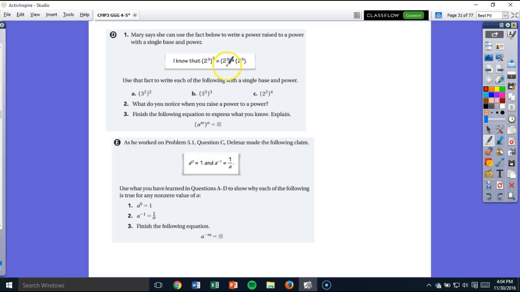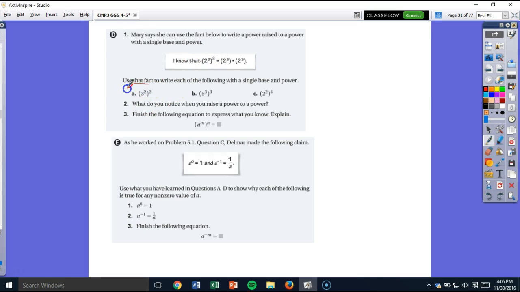Remember, if we expanded it, it'd be 2 times 2 times 2 times 2 times 2 times 2, or 2 to the 6th power. Well, 3 plus 3 is 6. So we know that splitting these up and adding these together comes up to 6. What else comes up to 6? Well, if we take this exponent 3 and multiply it by this exponent 2, we get 2 to the 6th.